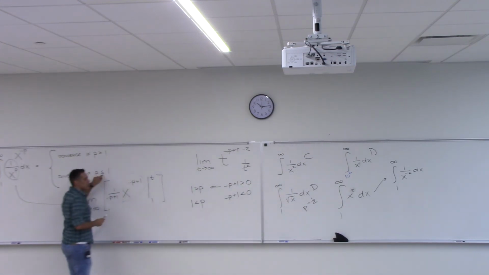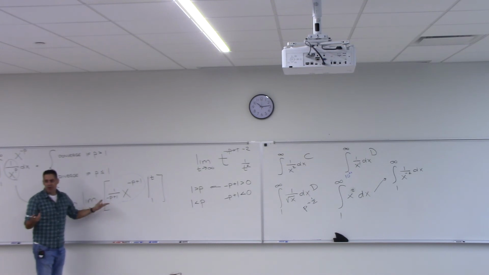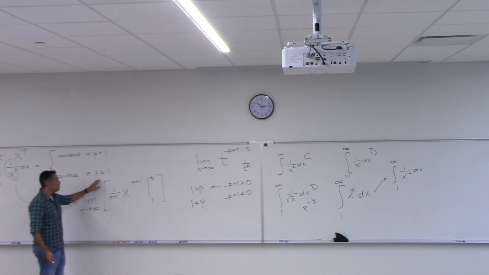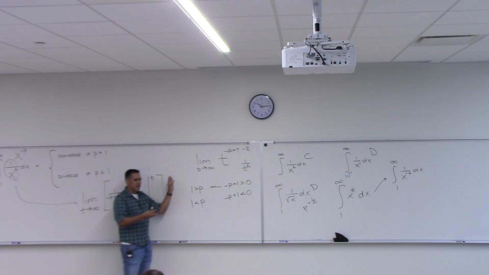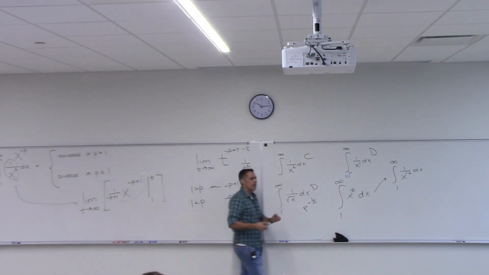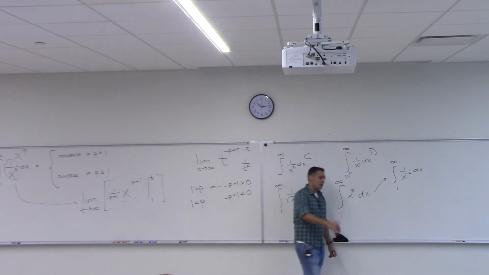Now, the equals comes from the special case when p is 1. When p is 1, this formula falls apart, doesn't it? But it's natural log. We know that already, and then we can show that natural log diverges. So I hope that's just a sketch of me proving it, okay? I'm not going into detail here, but hopefully that convinces you that, okay, p greater than 1, convergence, less than or equal to 1, divergence.